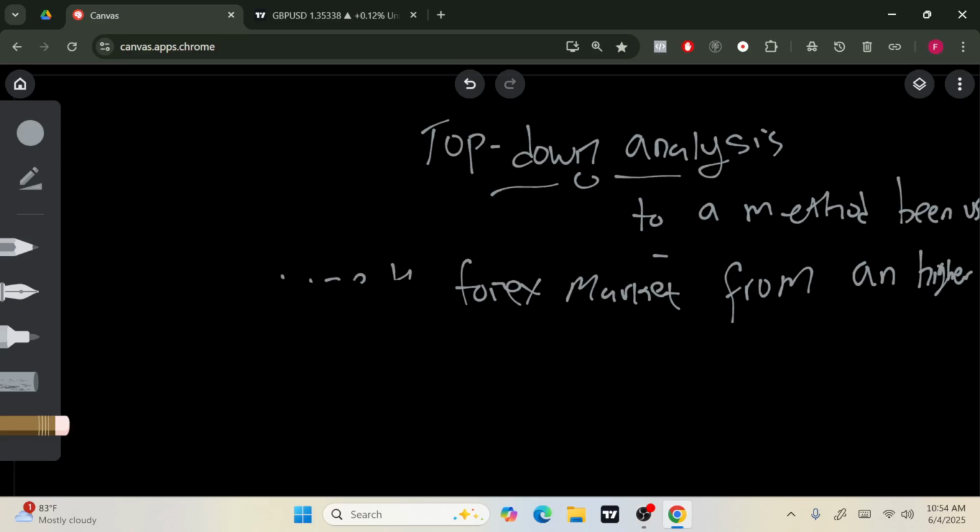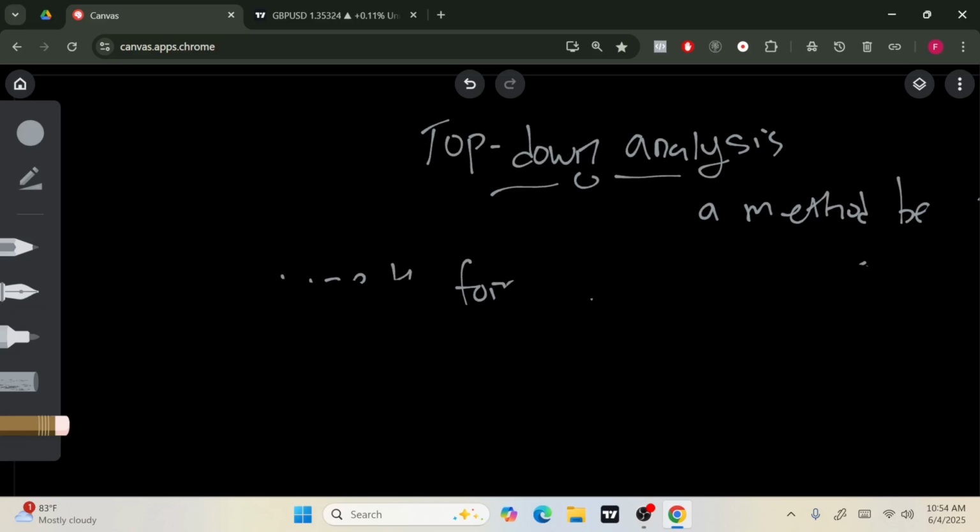Things to look out for within your top-down analysis. Don't forget, I said it is a method being used to analyze the forex market. And it gives you a comprehensive approach, so that you can make informed decisions. Informed decisions means that you are aware about the market movement, and you want to take advantage of that.